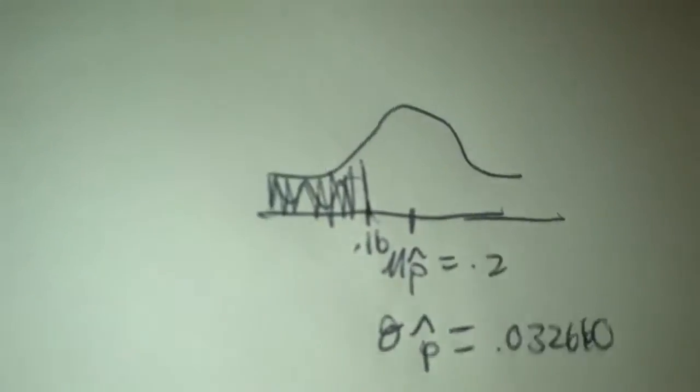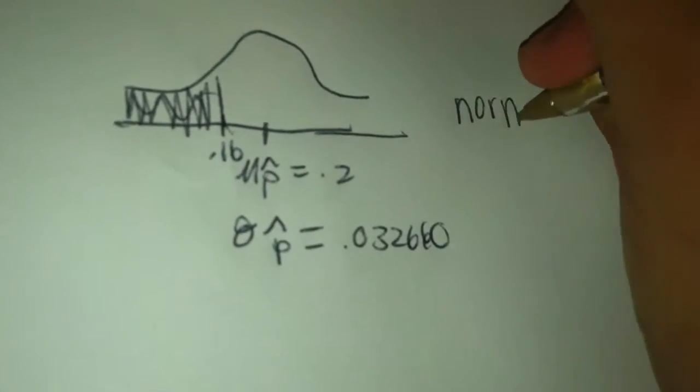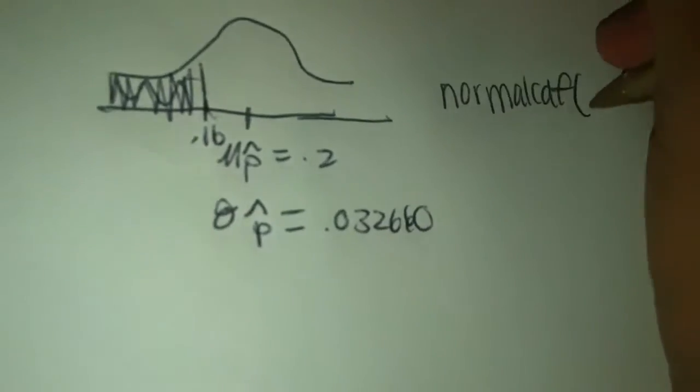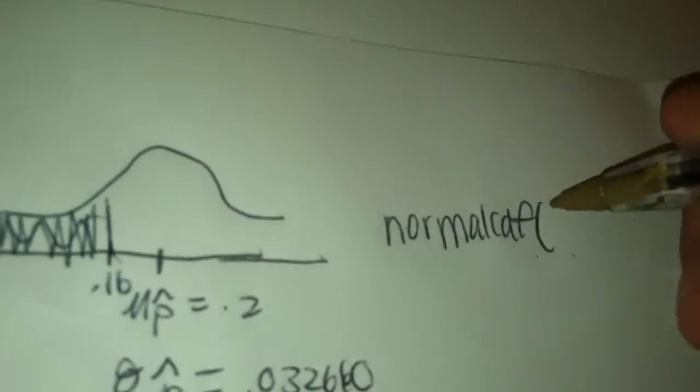This time it's asking for 0.16, which is going to be somewhere around here. We're trying to figure out the percentage of the area on this portion. This time, instead of going to infinity, we're going to go down to negative infinity.